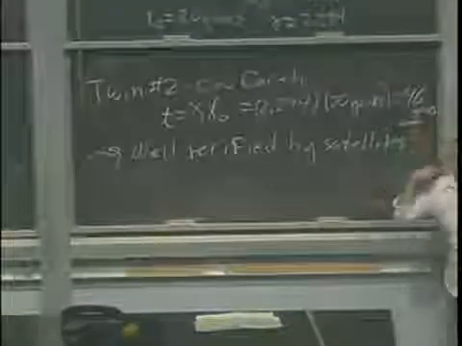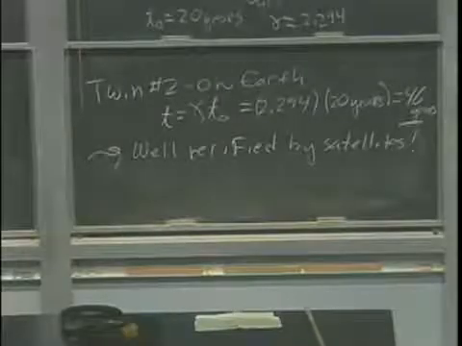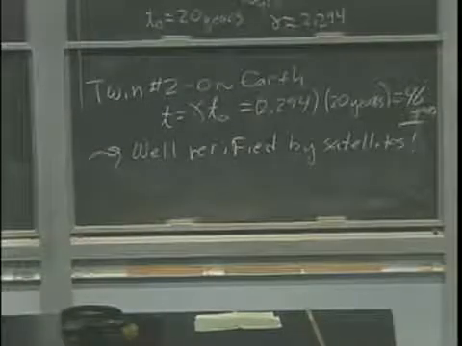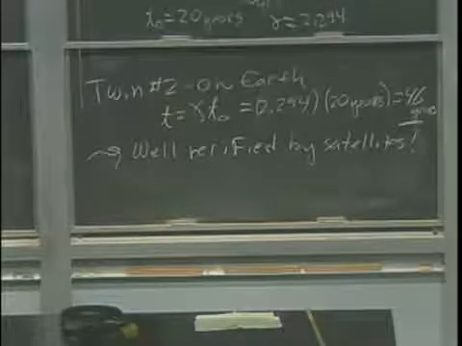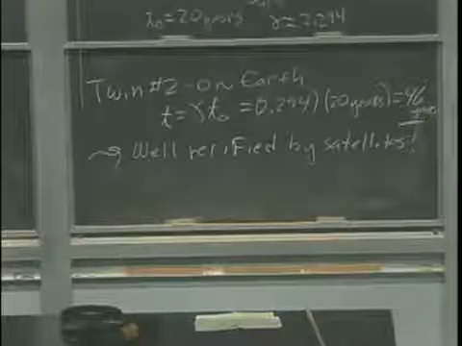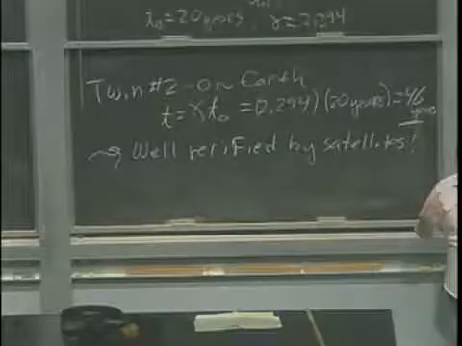Okay, the satellites orbit the Earth constantly, and they're in a different frame of reference than we here on Earth are, because they're moving with a speed relative to us. And that means time is moving slower. Okay?